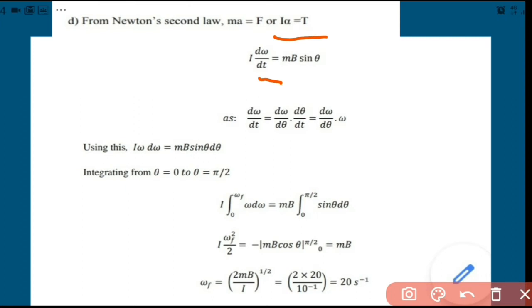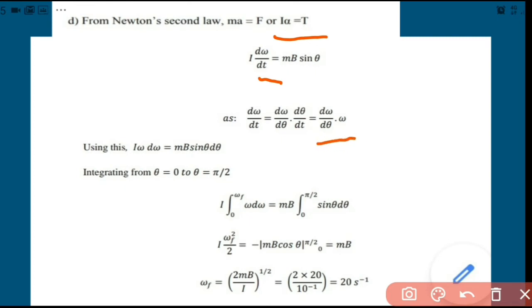Now, the right hand side is in terms of theta and the left hand side has dt, so we will change the dt term. Take that d omega by dt, dividing and multiplying with d theta. So we have d omega by d theta into d theta by dt. We know d theta by dt is omega. So we have d omega by d theta into omega.